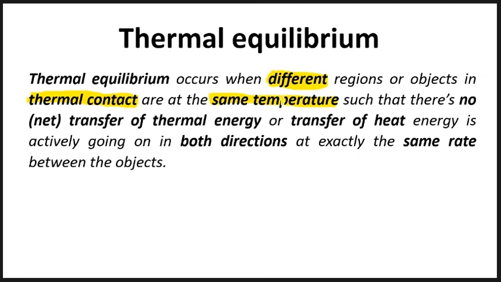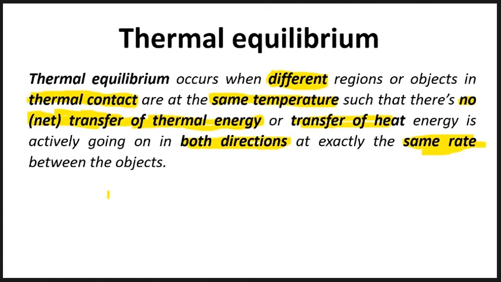And it becomes the same such that there is no net transfer of thermal energy, that is, no total transfer of heat energy, because transfer of heat energy is actively going on in both directions at exactly the same rate between the objects.